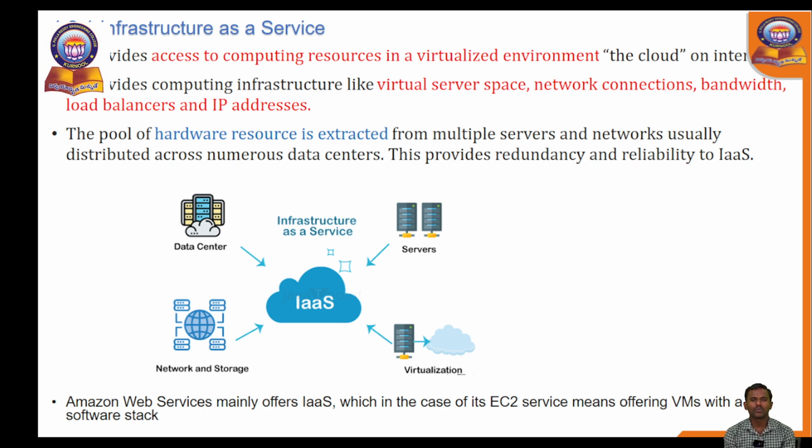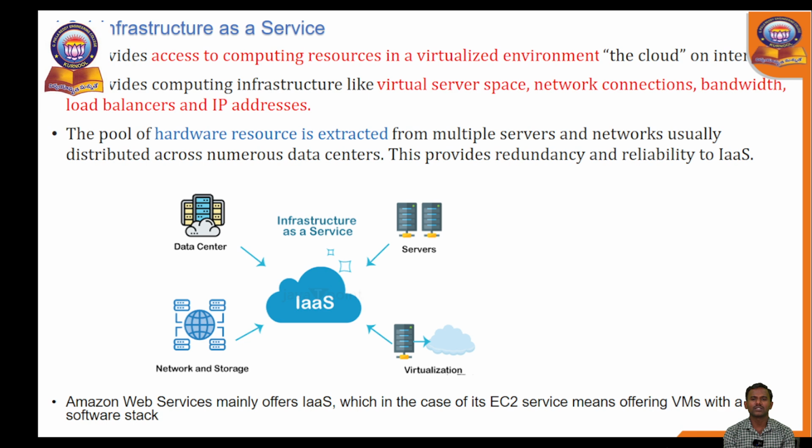It also provides computing infrastructure like virtual server space, network connections, bandwidth, load balancers and IP addresses. The pool of hardware resources is extracted from multiple servers, and networks are usually distributed across numerous data centers.